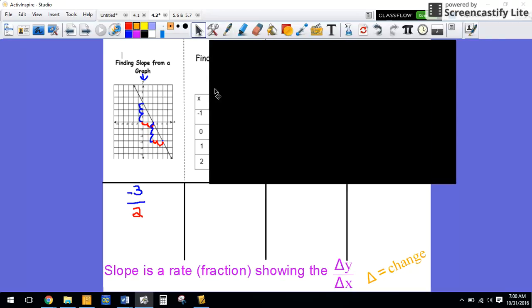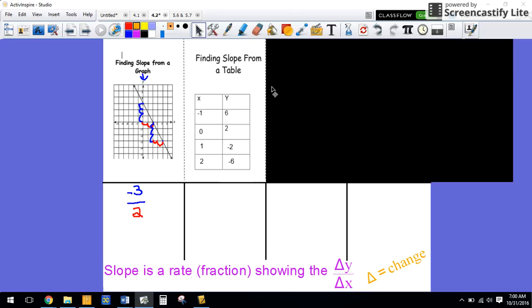Okay, now let's go ahead and look at finding slope from a table, which is something else that we did today. Now, when we're finding slope from a table, our main goal is to find the pattern between y and the pattern between x. So our patterns are going up and down, not horizontally. Since the y value is what comes first in my fraction, I'm going to start there. So I see that from going 6 to 2, I am subtracting 4. Then to go from 2 to -2, I'm subtracting 4.